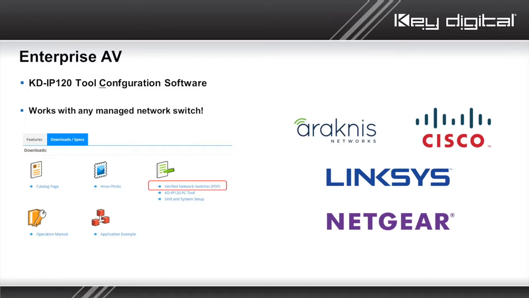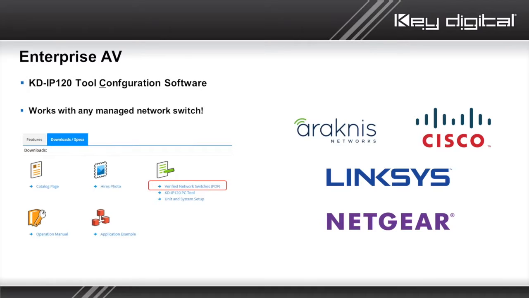What we've wanted to do at KeyDigital here, what we've always done at KeyDigital, is hand the tools over to you, the professional audiovisual contractor. We support any IGMP supported network switch, that's Internet Group Management Protocol. Why is IGMP important? Well, without an IGMP network switch, this technology will basically overrun your existing network traffic.